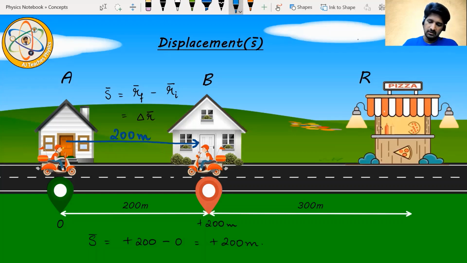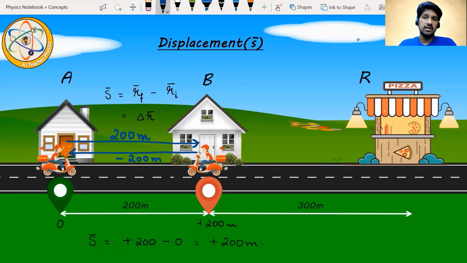Suppose the person undergoes a displacement like this, 200 meters towards left. That is negative 200 meters. Now the displacement in this case is negative 200 meters, but the shortest distance between A and B will still be called 200 meters itself.